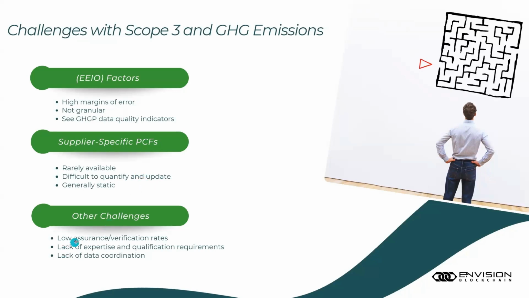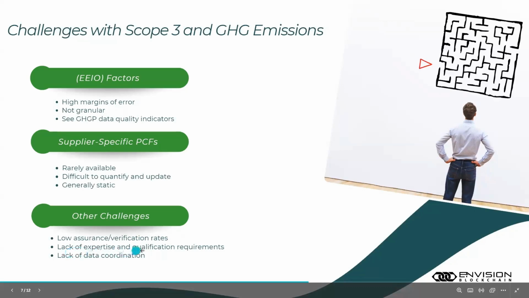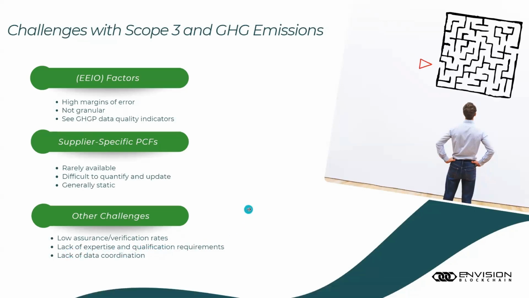Other challenges are low levels of assurance and verification rates. The vast majority of GHG inventories, especially Scope 3, are not verified. There's a lack of expertise and qualification requirements for people conducting greenhouse gas inventories. Digitizing methodologies can help streamline and simplify that.